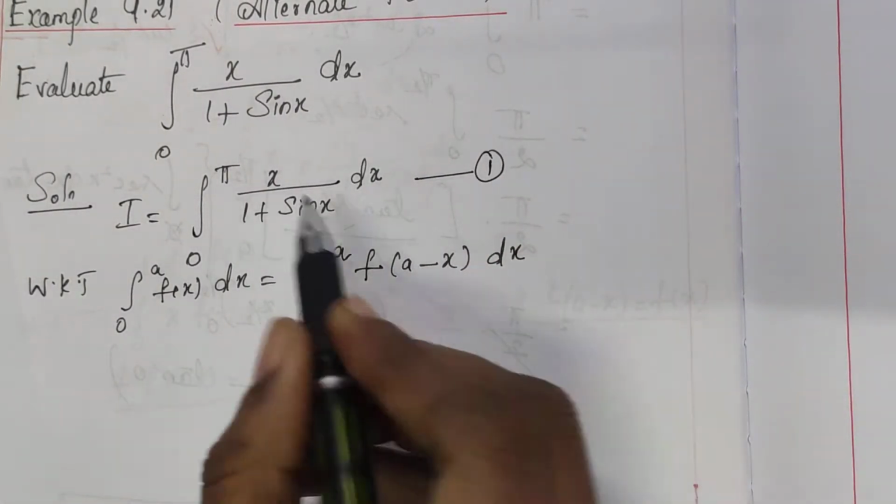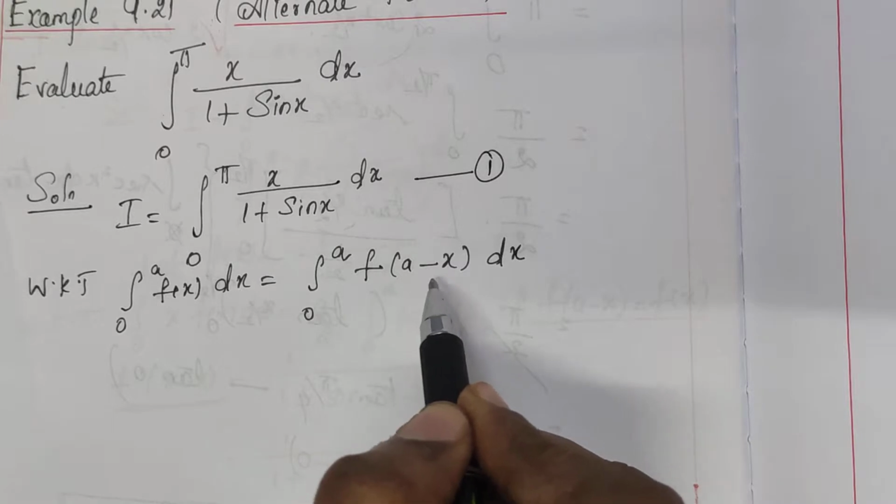Now replace this x by a minus x, that is pi minus x.